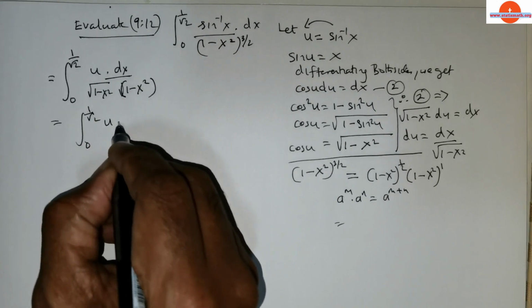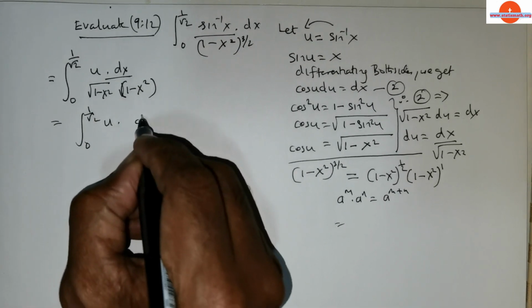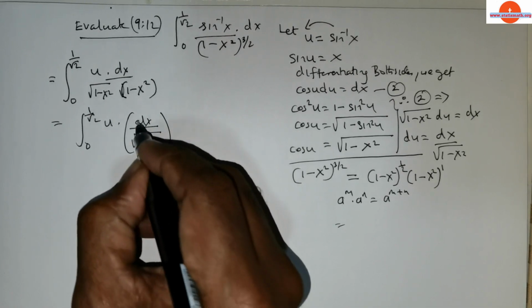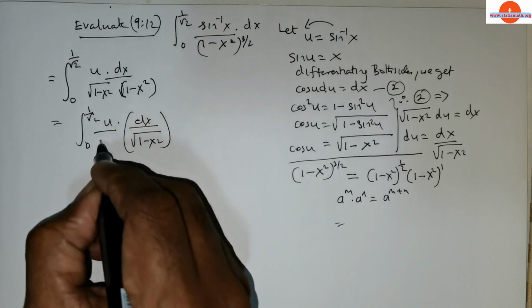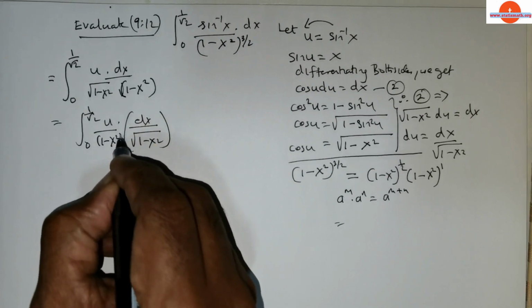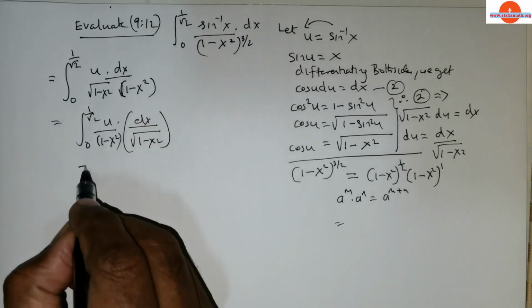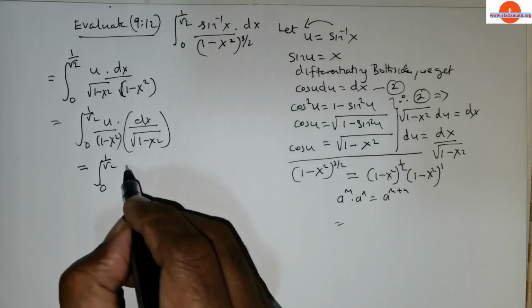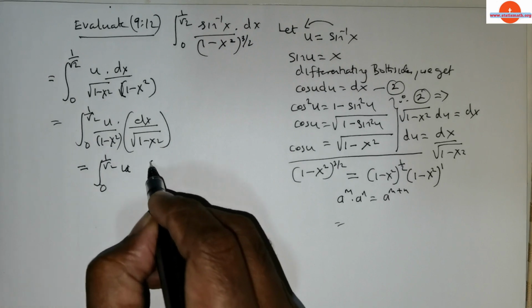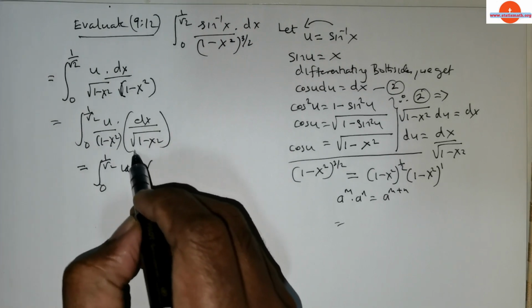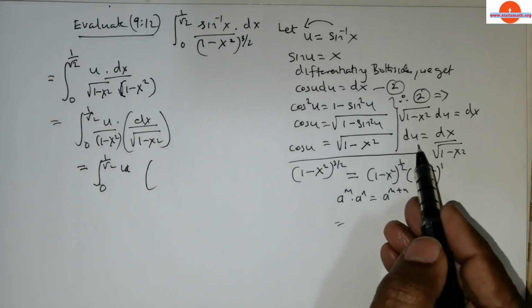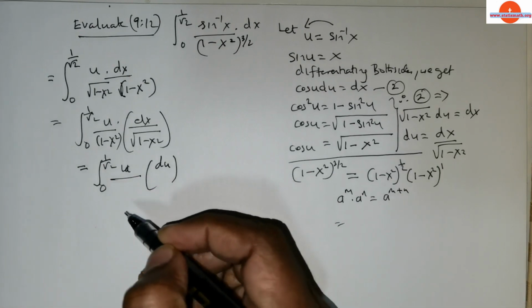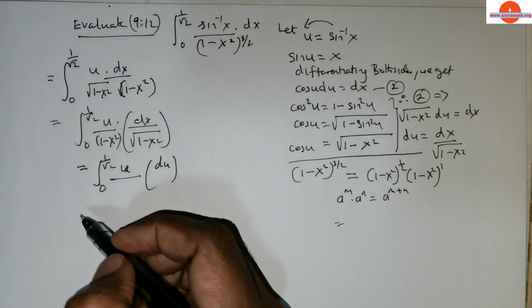So this is going to be u times dx divided by root of 1 minus x squared. This is one component, and this has to be divided by 1 minus x squared. So this is equal to the integral from 0 to 1 over root 2 of u, and in the place of dx over root of 1 minus x squared, I would be substituting this quantity, which is du, divided by 1 minus x squared.